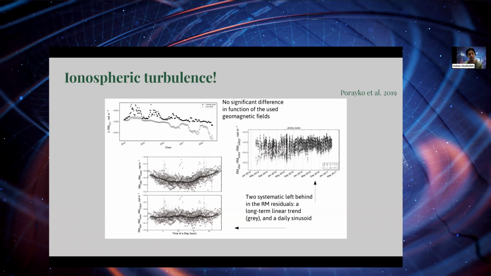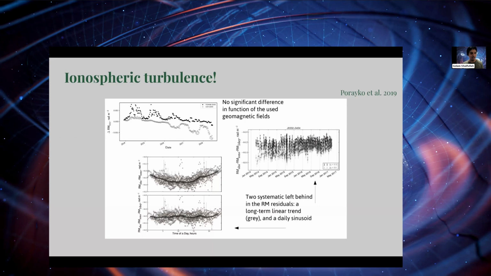At the frequencies we do usual pulsar timing array work, this is not a problem. But given the ever-increasing bandwidths of PTAs, this is going to become a problem sooner or later, where we will have to correct not only for non-terrestrial ionized plasmas, we might also have to worry about ionospheric turbulence.